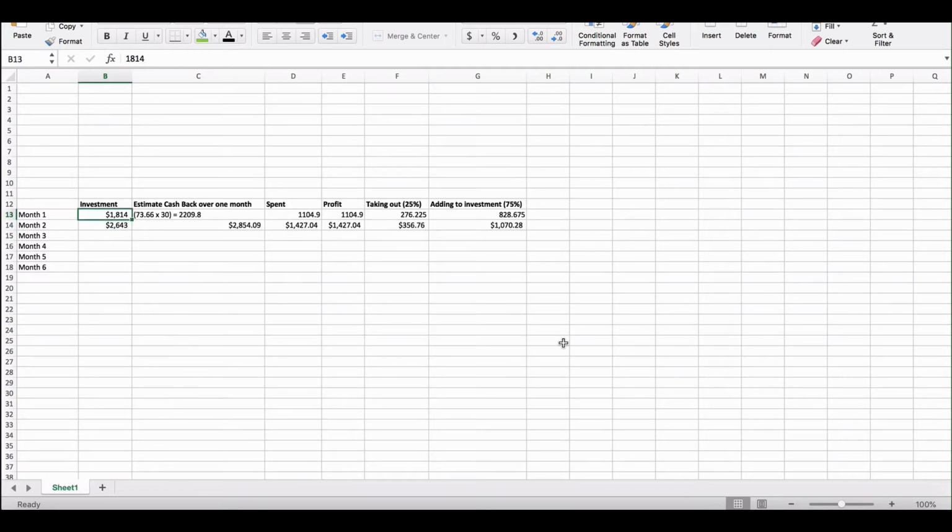So month one, our investment is going to be $1,814. I've used that just because that's what I've got in there. I could have chosen a round number, but I thought I'd stick with a number that portrays the exact value of what we do have in there, so you can see what our account's going to look like if we follow this strategy.